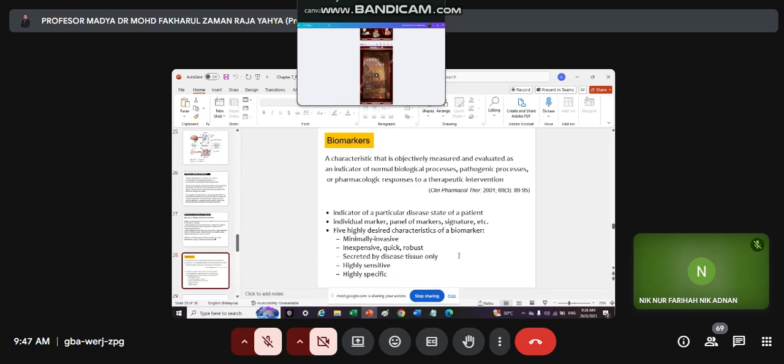This is what I mentioned about the specificity, highly sensitive, and highly specific as well. So these are the important characteristics of a biomarker. In this case, biomarkers refer to a set of proteins that can be used to monitor disease. We do not look at the use of DNA or other biomolecule as biomarker here. We focus on the proteins.